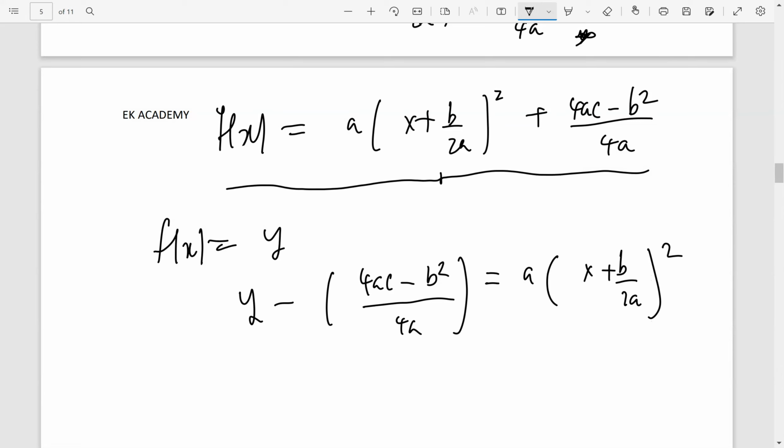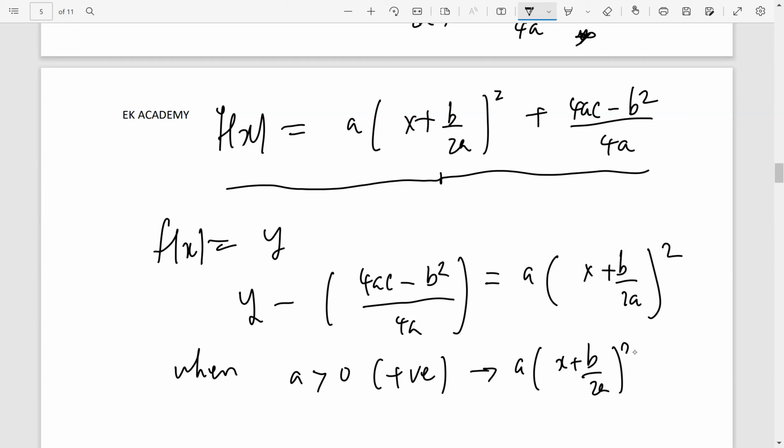When a is positive, so when a is greater than 0, it is obvious that the expression a times x plus b over 2a squared is going to be also greater than or equal to 0.